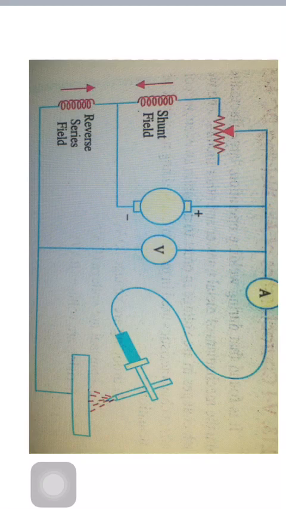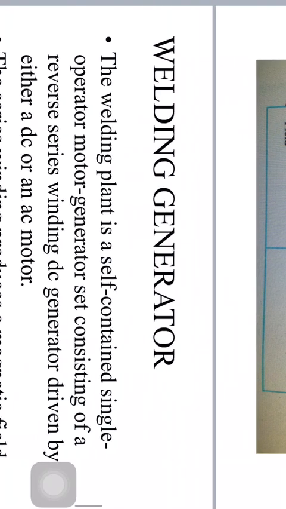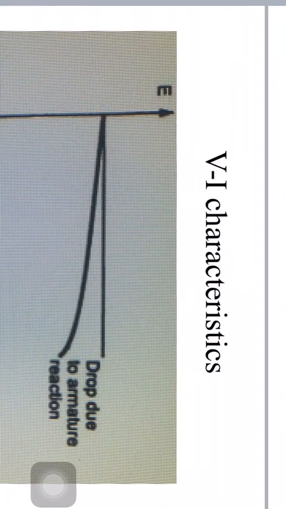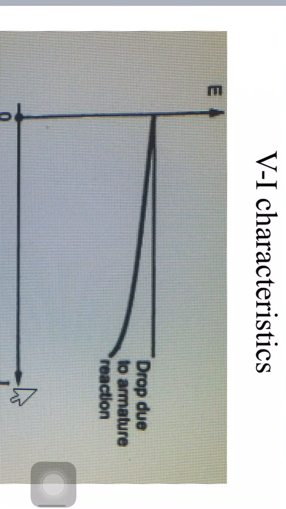And next one, coming to the workpiece, it is made positive and the electrode is negative. The selection of the electrode as negative or positive depends upon the depth of penetration required and the rate at which the filler material is deposited. Afterwards we will see the VI characteristics of the welding generator, E versus I, which is dropped due to armature reaction.